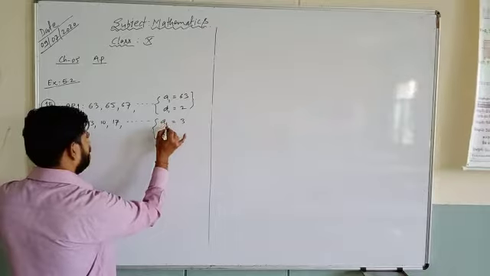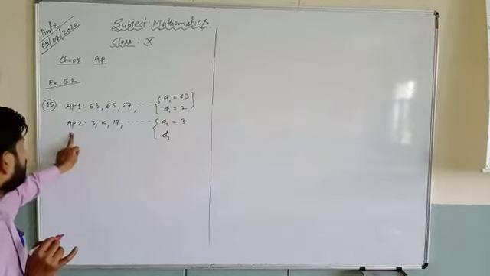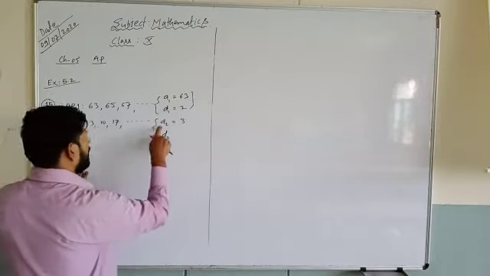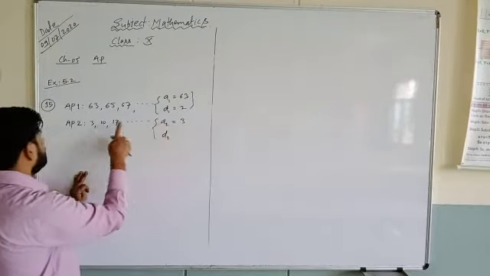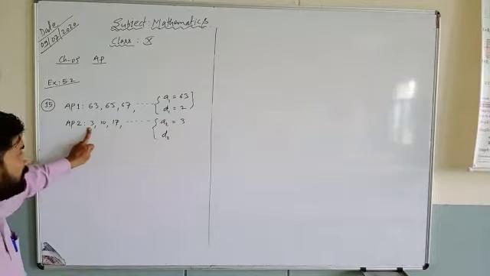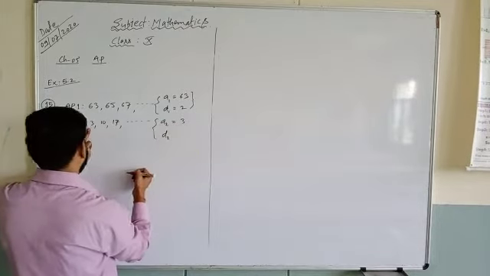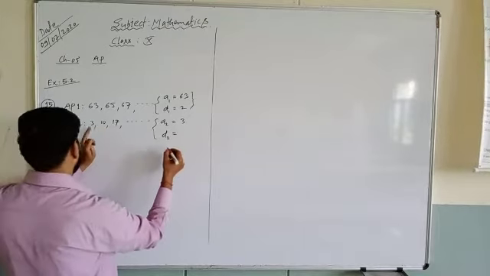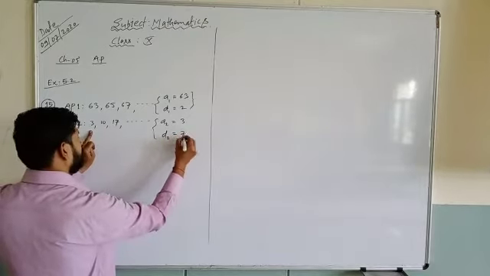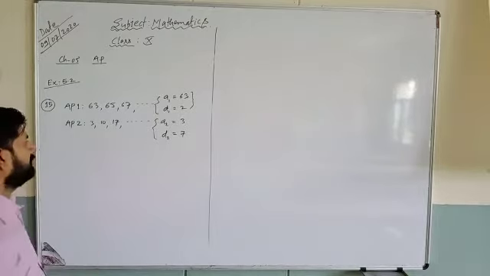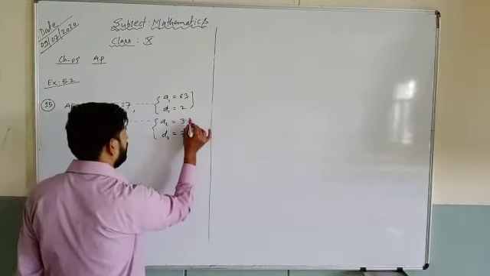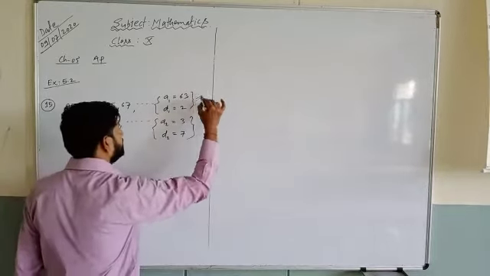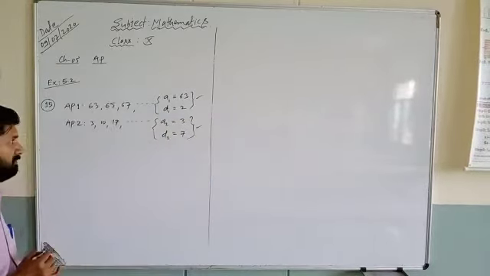I am taking the symbol A2 for the first term of the second AP, and A2 is 3. D2 is the common difference of the second AP: 10 minus 3, which is 7.